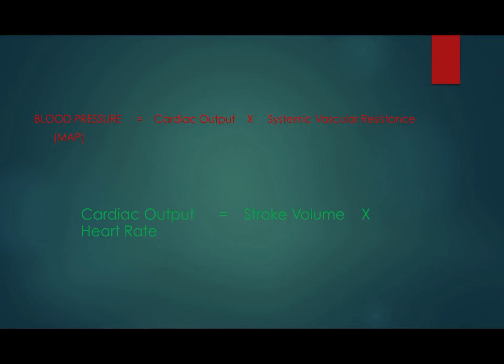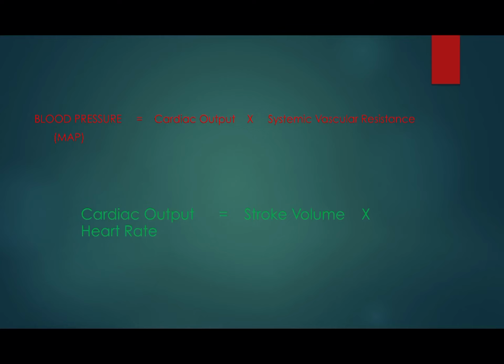It's a really important equation to bear in mind, because you start to see where, if you increase the systemic vascular resistance but the blood pressure stays the same, and the common thing is you keep increasing up the noradrenaline but the blood pressure is staying exactly the same, you have to ask yourself, based on this equation, what is happening?